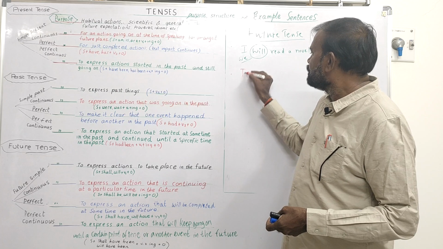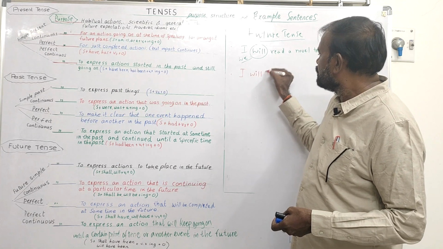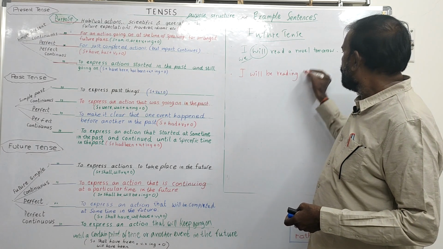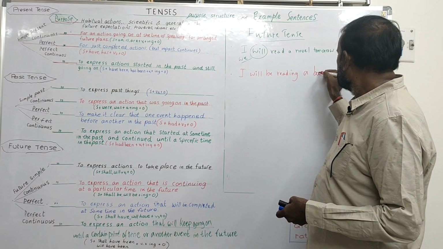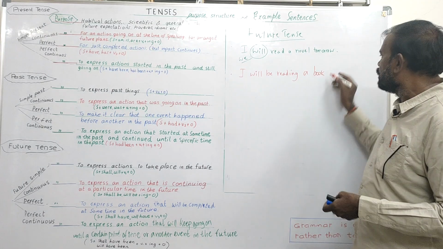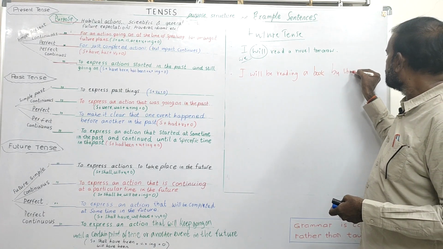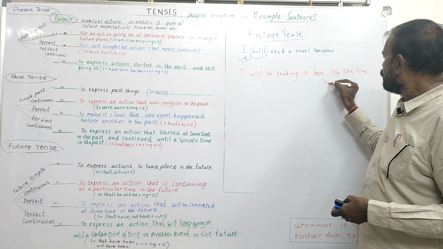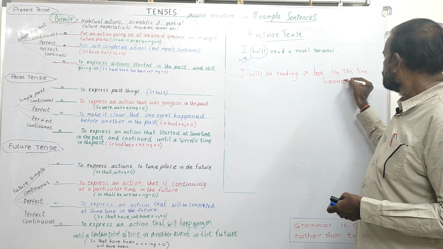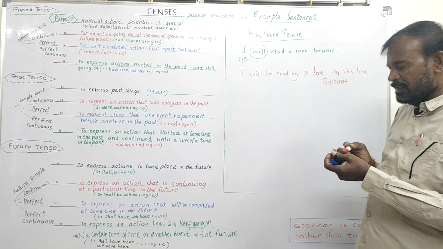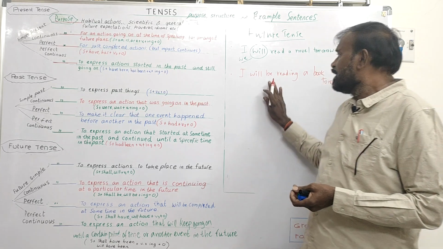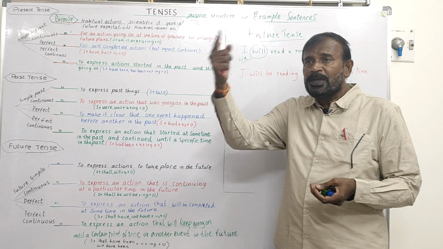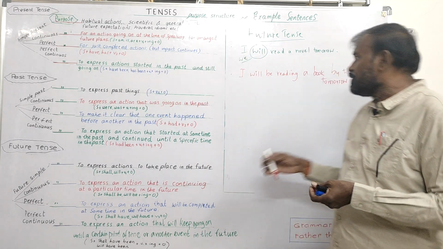I will be reading a book by this time tomorrow. It's a future continuous. It is continuing at a particular period, a particular time in the future.